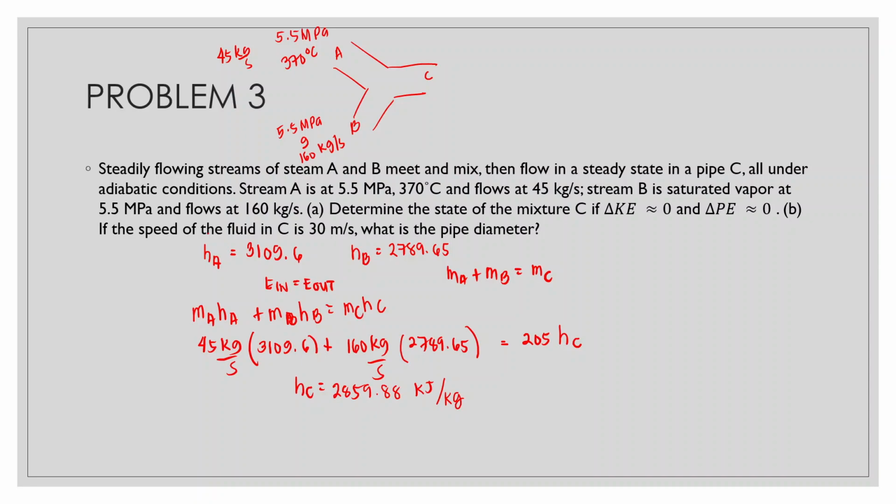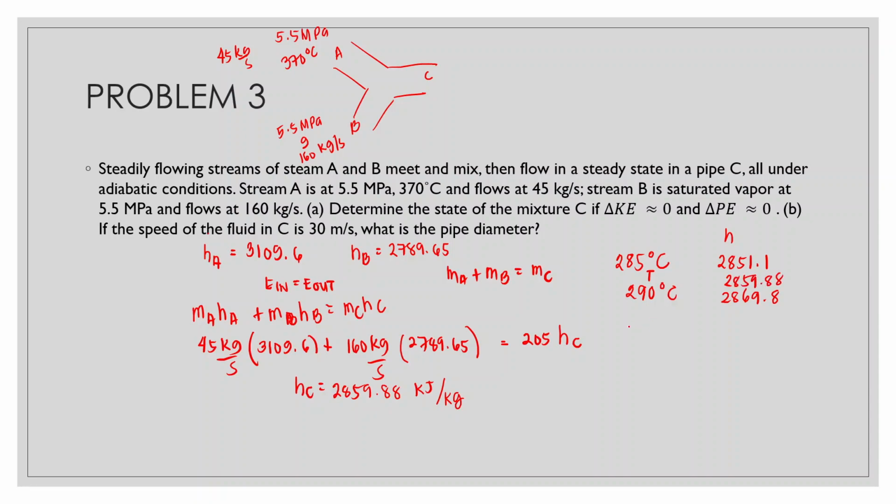So, kung hanapin mo across the table, 2859. Okay, between siya sa 285 degrees Celsius at saka 290 degrees Celsius. Okay, ito yung temperature natin. Ang H dito sa 285 is 2851.1. Ang H sa 290 is 2869.8. Okay. Ang H natin ay 2859.88.